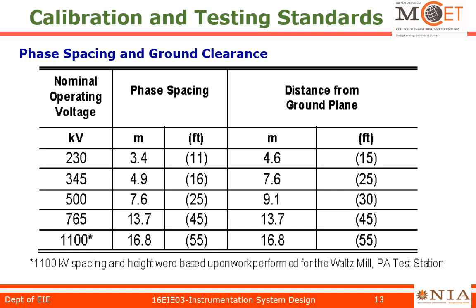If it is the maximum, 1100 kilovolt, the phase spacing from one line to another line is 16.8 meter, nearly 55 feet, and the ground clearance or distance from ground is 16.8 meter, nearly 55 feet. So you can check this table: if the voltage is in this range, then what is the space from one line to another line, that means one phase to another phase, and the ground clearance. So this is by NEMA.